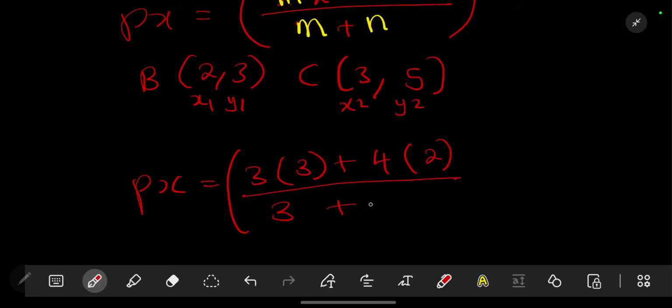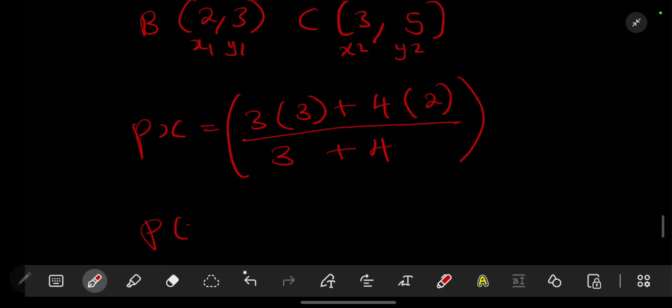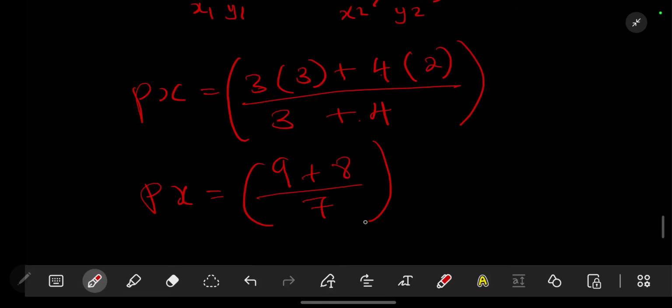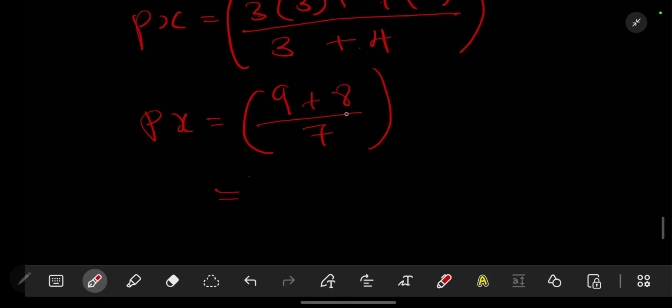So we have 3 plus 4. This is our Px. So Px should be equal to 3 times 3 is 9 plus 4 times 2 is 8 over 3 plus 4 is 7. So this gives us 9 plus 8 is 17 over 7. So this is our coordinate for x.